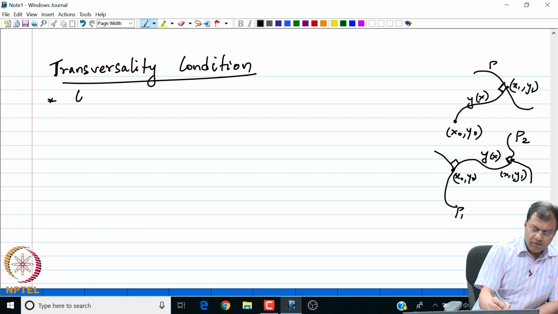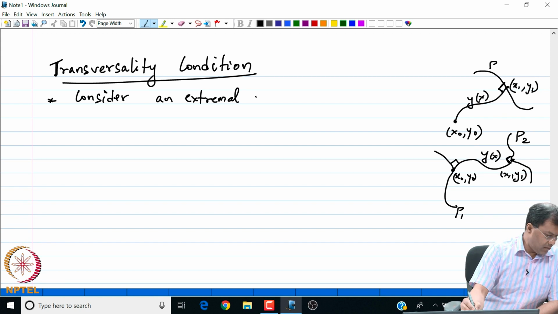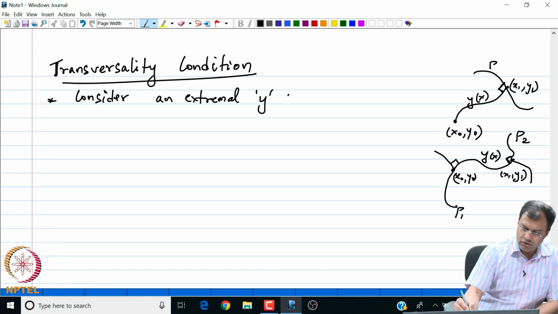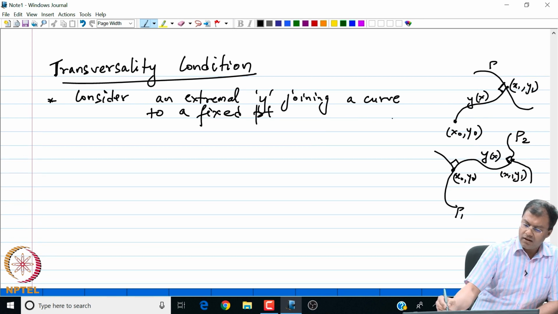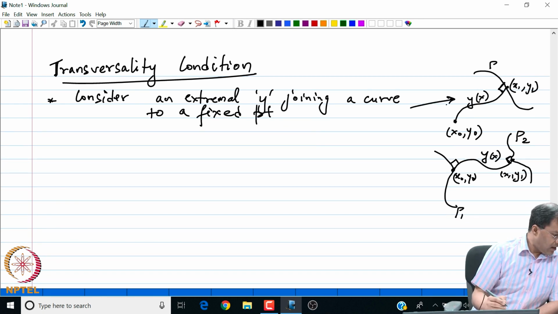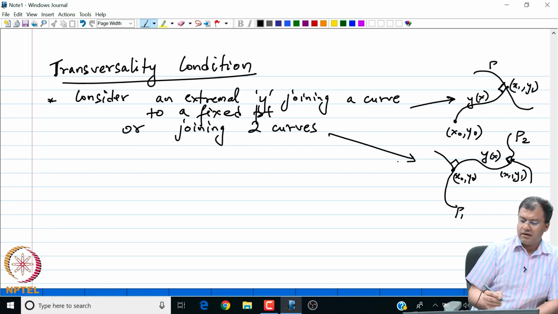So, what I said is the following. Consider an extremal y of x joining a curve to a fixed point, that is my case 1, or joining two curves, which is case 2.